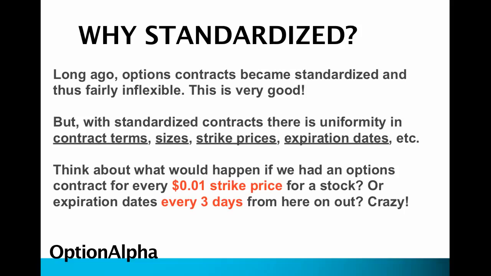It would be absolutely crazy. So most of the options are fairly standardized in that they have set parameters for strike prices and set dates of expiration, so that it's just easier to get the market into some level of liquidity and efficiency.